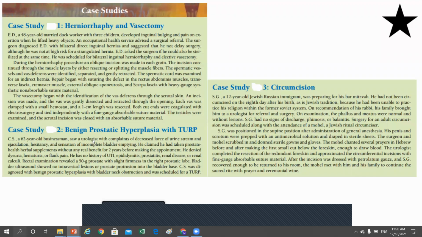Now look at the second case, benign prostatic hyperplasia with TURP. Now with all these terms, we are familiar. Benign prostatic enlargement. The prostate is enlarged, causing problems with urination. So this person has to be relieved from this problem.